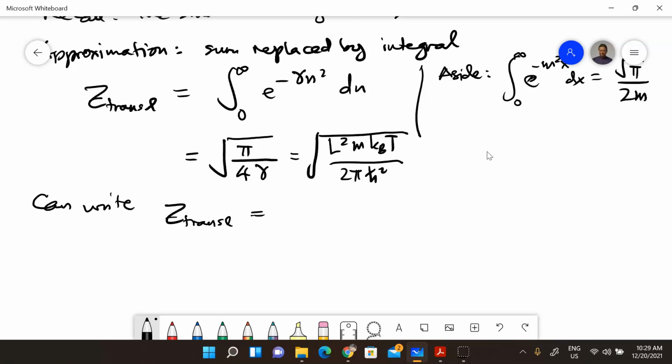First of all, it has to depend on this L, so I'm going to write it as L divided by some wavelength written as lambda d, where lambda d equals square root of 2 pi h bar squared over m kBT.